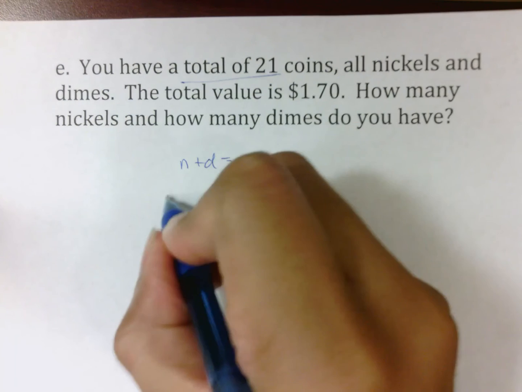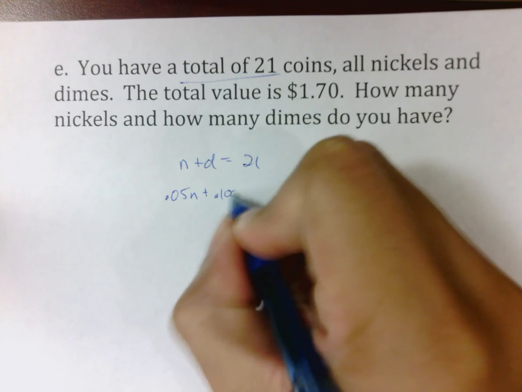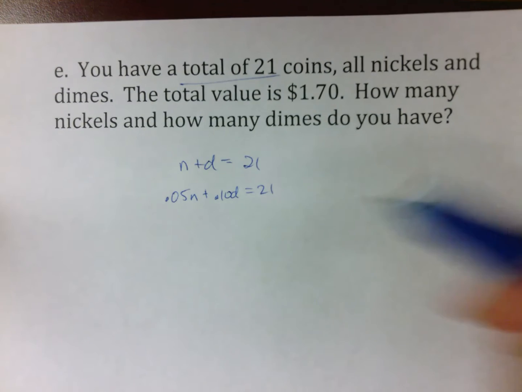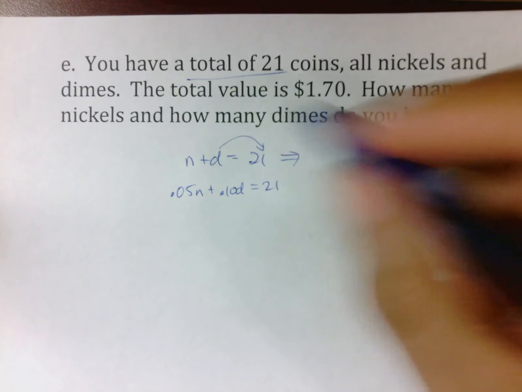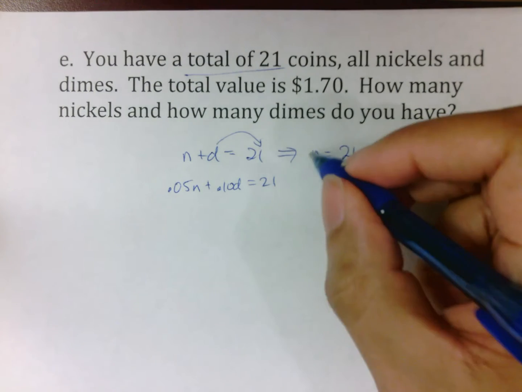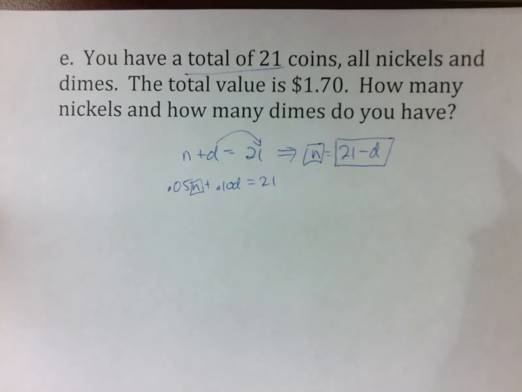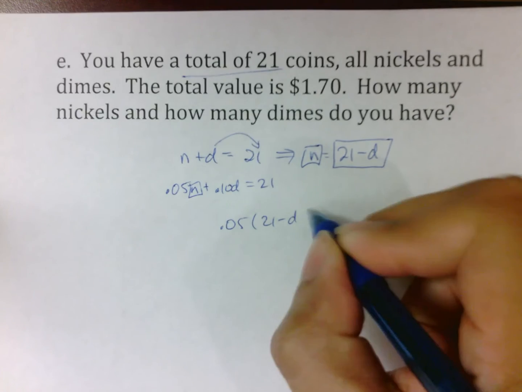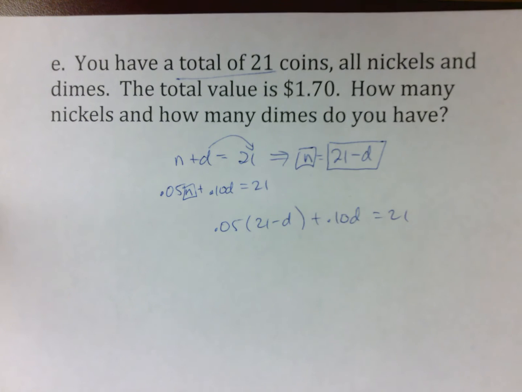So what you do is amount 5 cents per nickel plus amount 0.10 per dime equals 21. This time I'm going to do it using substitution. So what I'm going to do here is take this top equation and rewrite it by moving d over there, which of course is going to give me 21 minus d, which allows me then to say this is alone, and that's what I'm going to put in for it. I then substitute 0.05 times 21 minus d plus 0.10d equals 21.